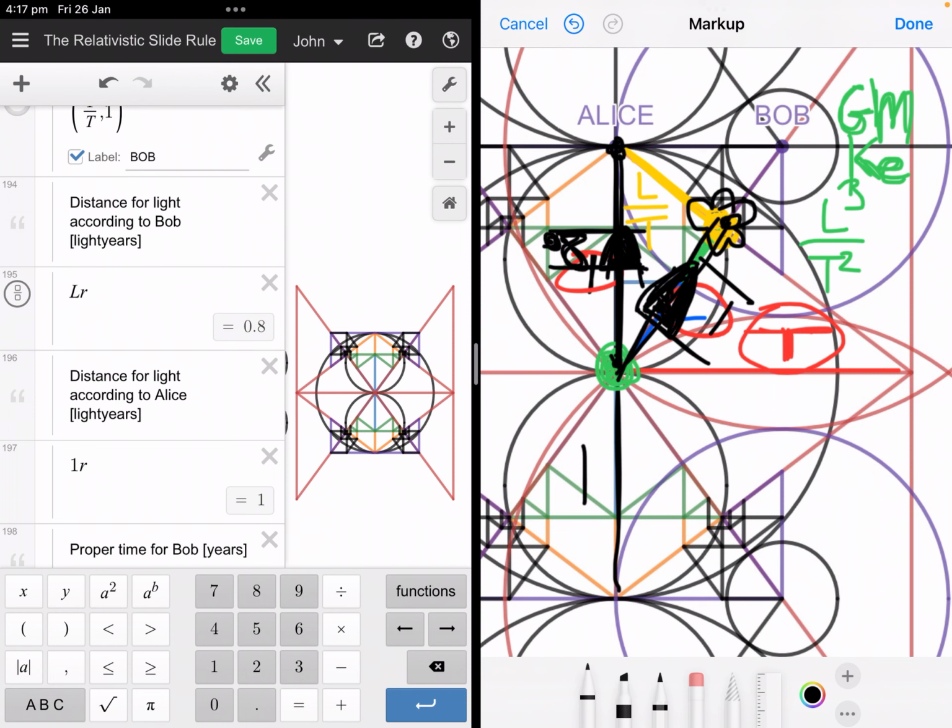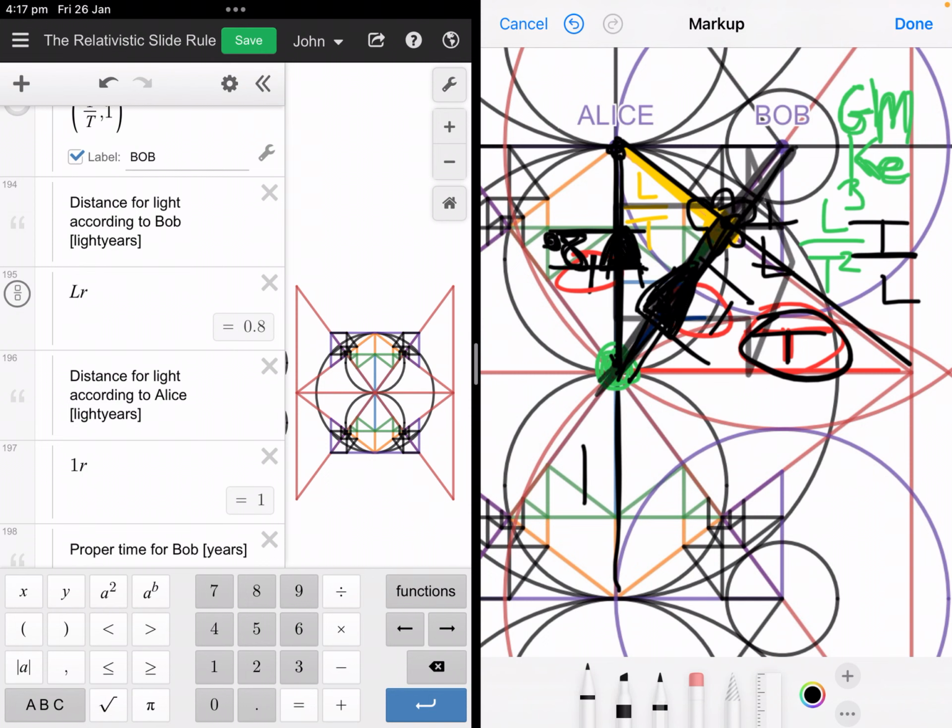If the distance is only 0.8, it's only going to take him this much time to get there, which is t, whereas according to Alice it's going to take this much time, which is t over L. T over L is obviously gamma times t, and gamma is actually that length from there to there, and that'll do. That's the resolution with respect to space.